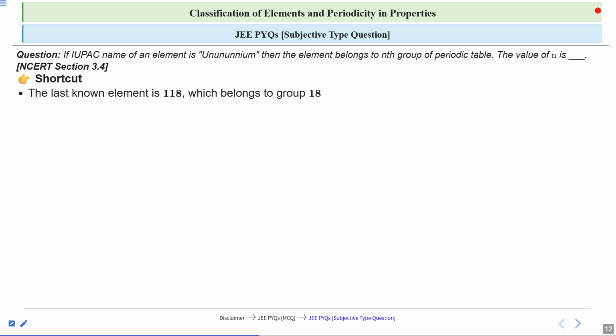As soon as you see that number, just compare its position relative to the 118th element. Or suppose it is coming from the above period, then you compare it with the corresponding noble gas. Here it is coming from the last, that is the 7th period, and we know that in the 7th period, the 118th element is the last one.